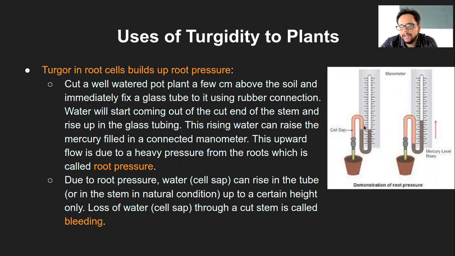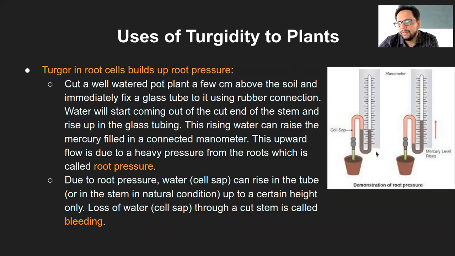It has nothing else in here. As and when you cut this stem, the cell sap will start oozing out because water is continuously being absorbed. The absorption of water by the plant does not stop even if you cut off the leaves.